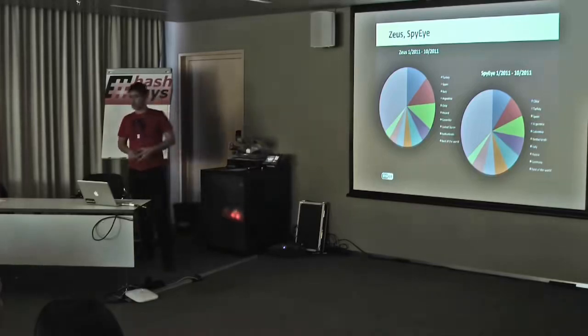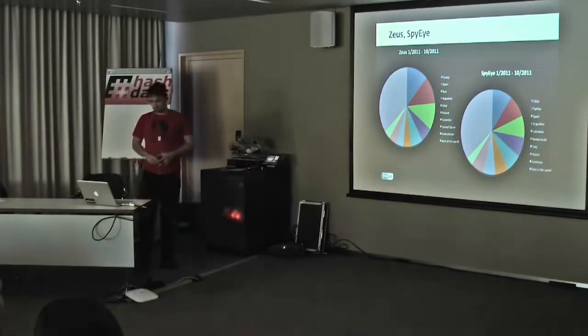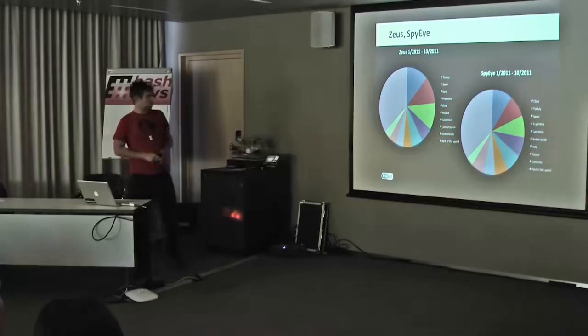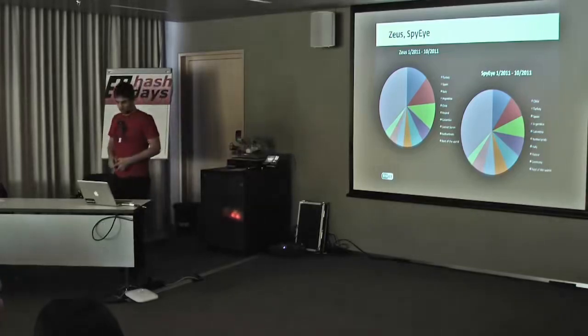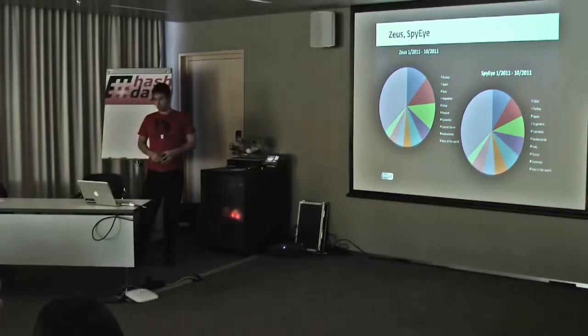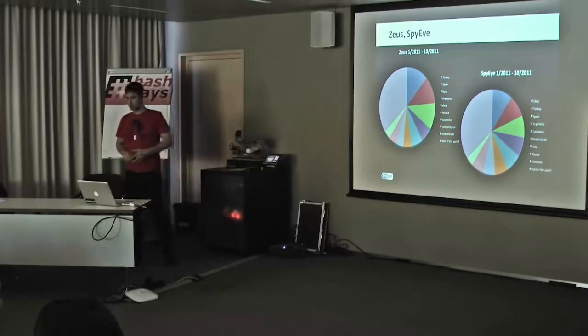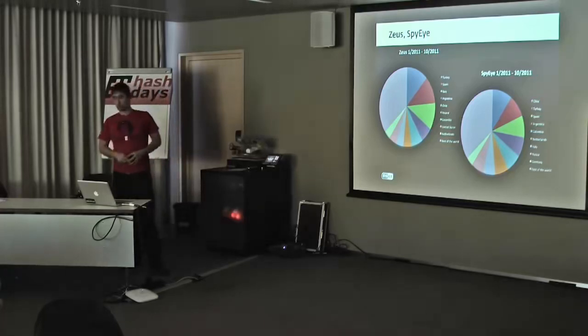For SpyEye, it's quite similar to Zeus, and as you can see, the distribution is pretty global. It's spread all over the world, which will not be the case in the examples that I'll be focusing on later, as those will be targeting mostly Russian-speaking countries and also originating from Russian-speaking countries.